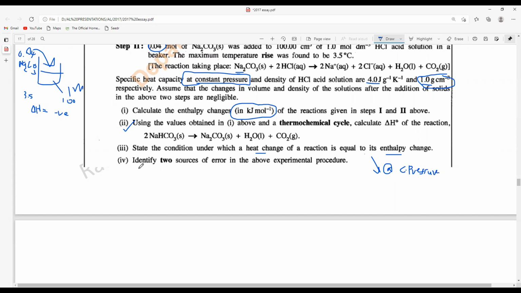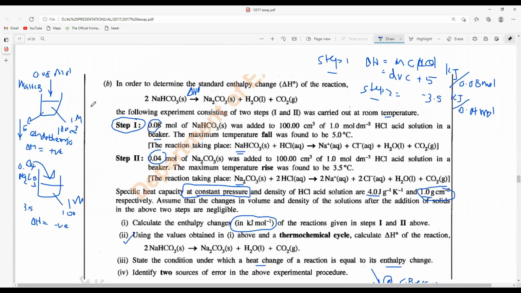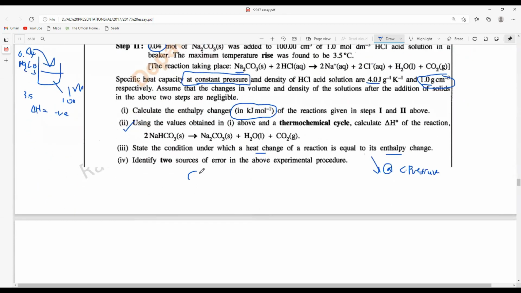Last question. Identify two sources of error in the above experiment. I have told one error before in the beginning. I told you here we have used beakers. Normally for enthalpy-related, thermochemical cycle-related thermodynamics, we don't use beakers, we use calorimeters, right?